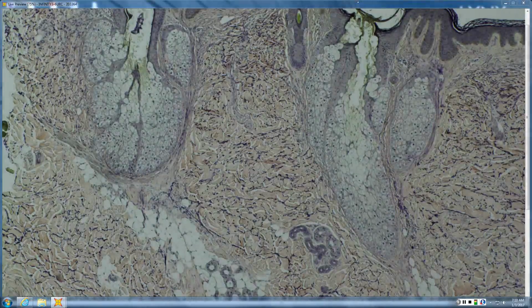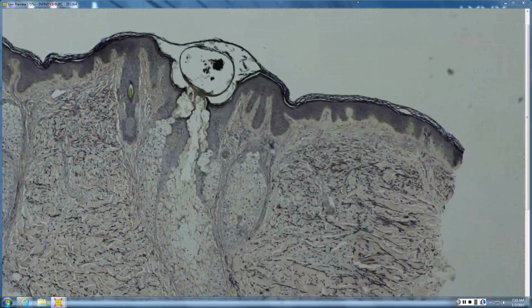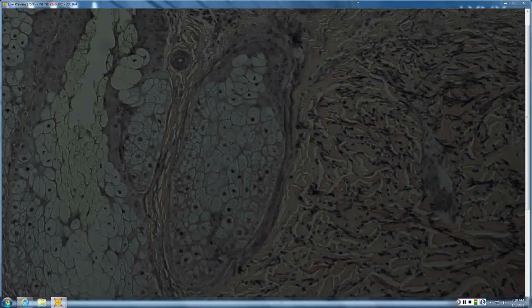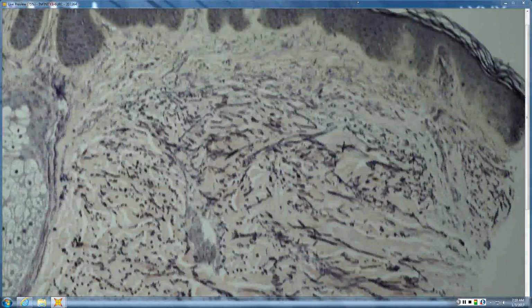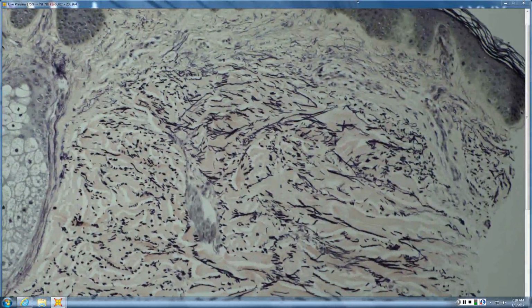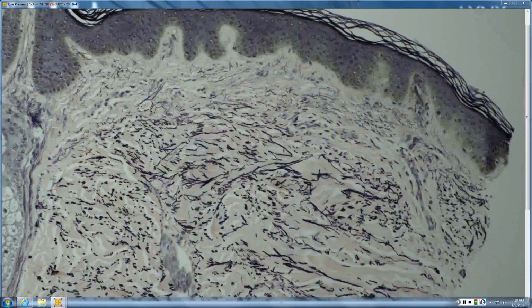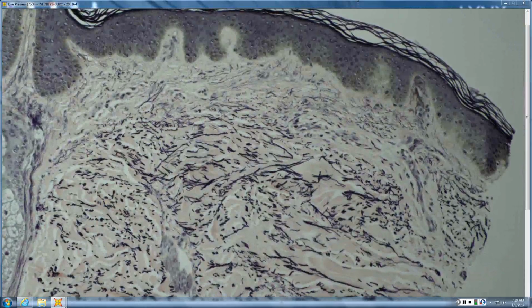It's pretty much normal. And as you get in a little bit closer, you can really see that all these elastic fibers look normal. They look healthy. They're not short and stubby. They're not completely obliterated. There's not a lot of inflammation around. It seems to be a pretty normally distributed pattern.